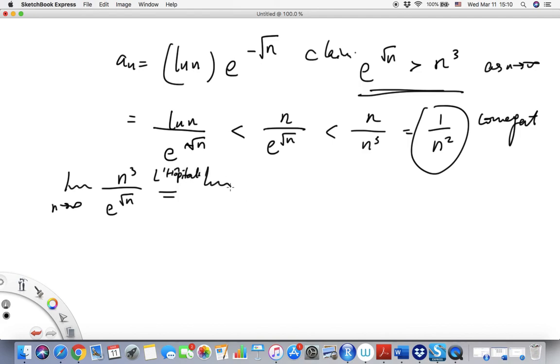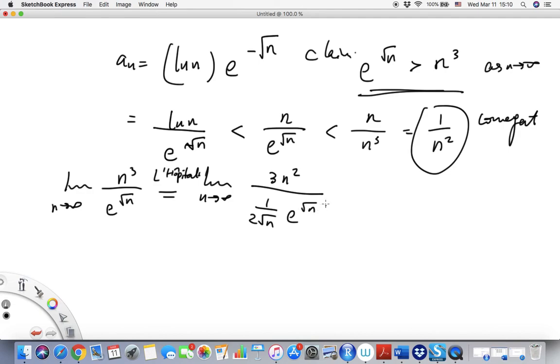Then you have the limit as n goes to infinity of 3n squared over the derivative of this, which is 1 over 2 square root of n times e to the square root of n.